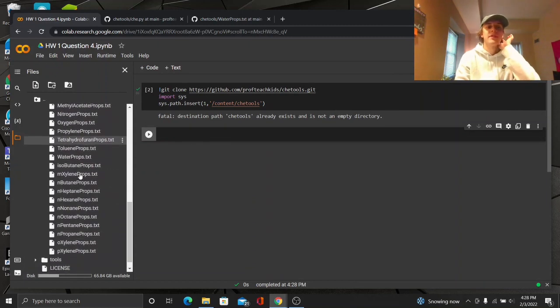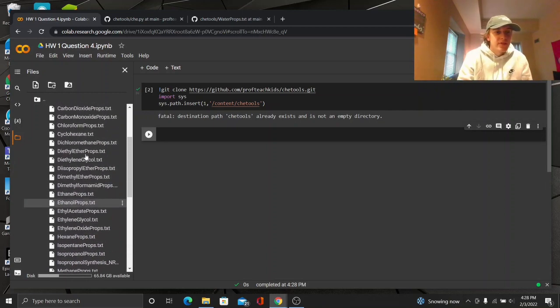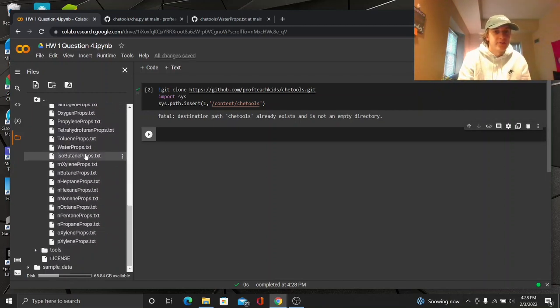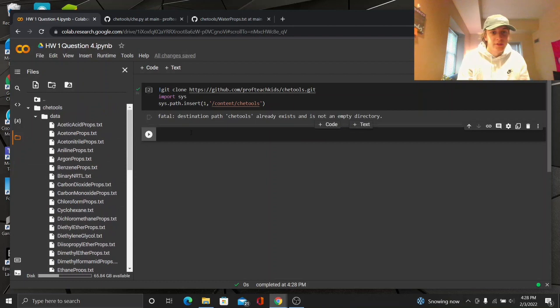As you can see, we have all these text files with our different physical properties.